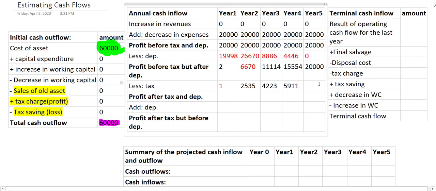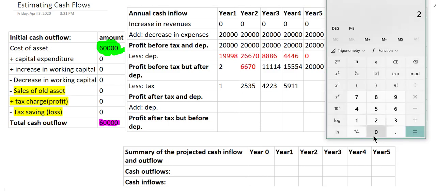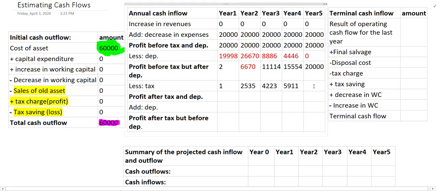And calculate for the last one, 20,000 multiplied by 0.38, which becomes equal to how much? 7,600, right?